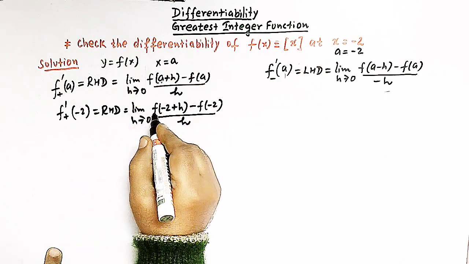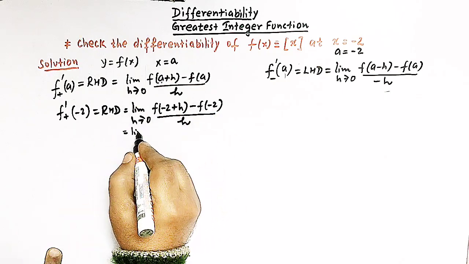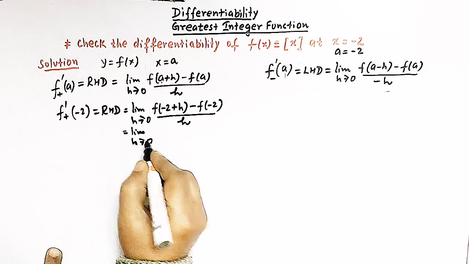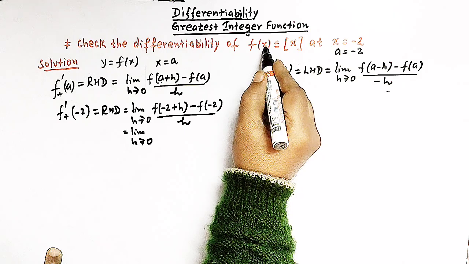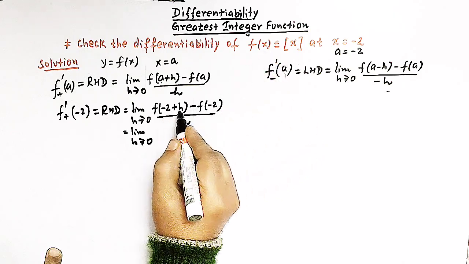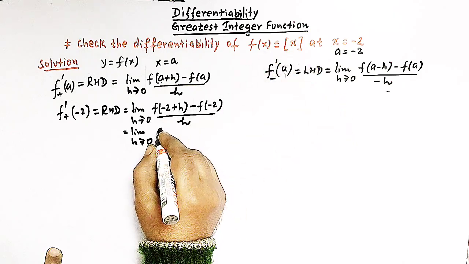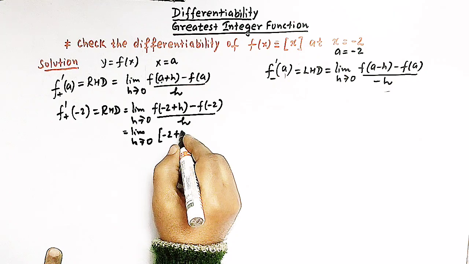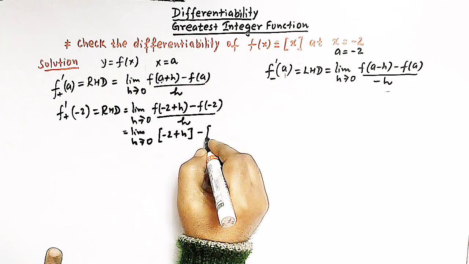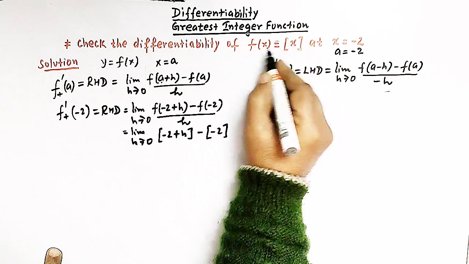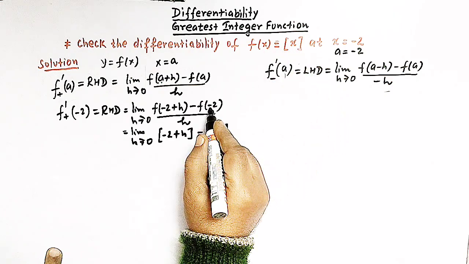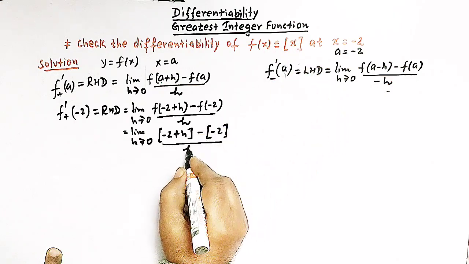Now we find the value of f of minus 2 plus h by replacing x by minus 2 plus h, so we have greatest integer of minus 2 plus h minus greatest integer of minus 2, divided by h.